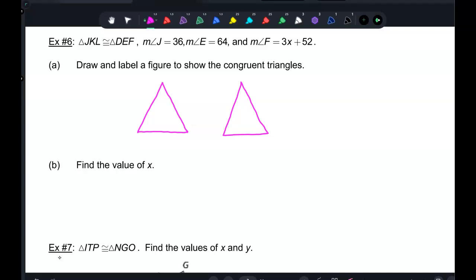Okay, now I'm going to put J, K, and L wherever I want to put them on the first triangle. They don't have to be the same places as mine. That's fine. Okay, and then I'm going to put D, E, and F in corresponding parts.